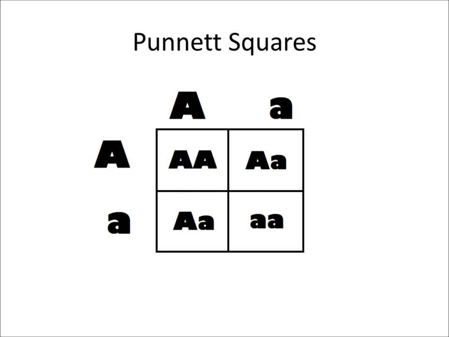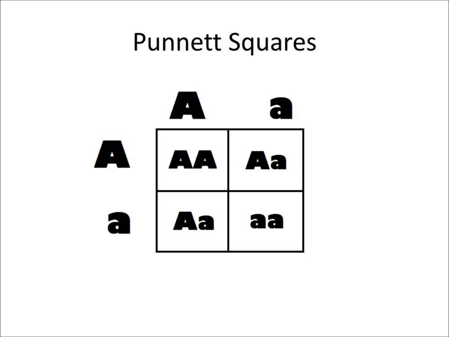So for the first top left square, you have the capital A or dominant allele from the parent on the left, and then you have a dominant allele from the parent up top. For the top right square, you have a dominant allele from the parent on the left, and a recessive allele from the parent up top.